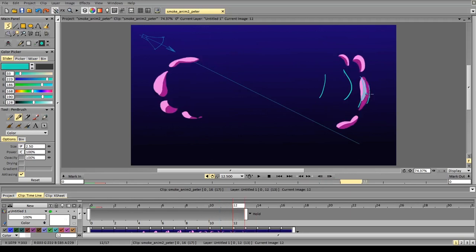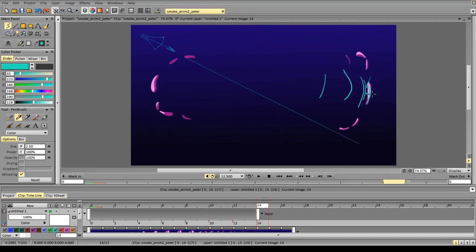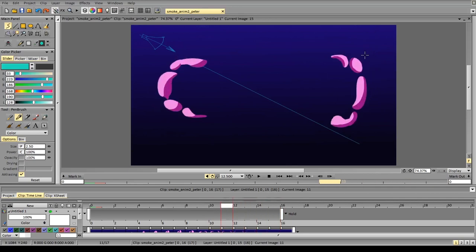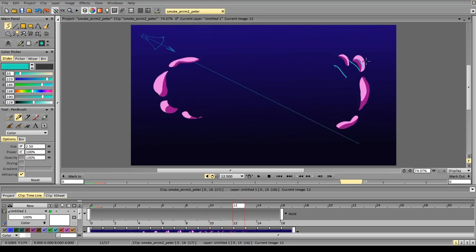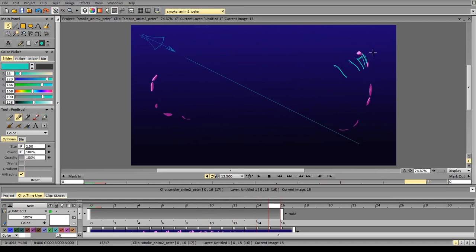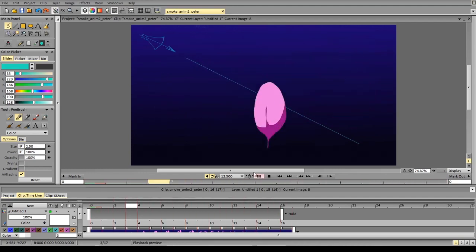So the spacing is a bit rough in some places, it accelerates, it decelerated here, it accelerates, it decelerates instantly. 1, 2, 3, 4, accelerated a bit, stops. So if we fix that, the smoke will be more logical.